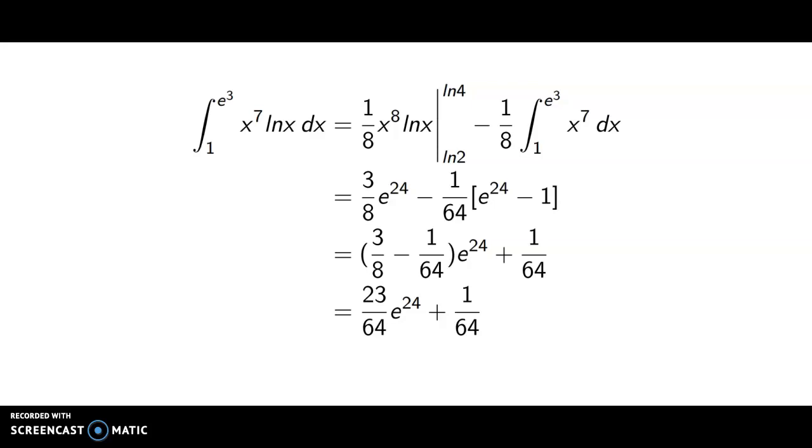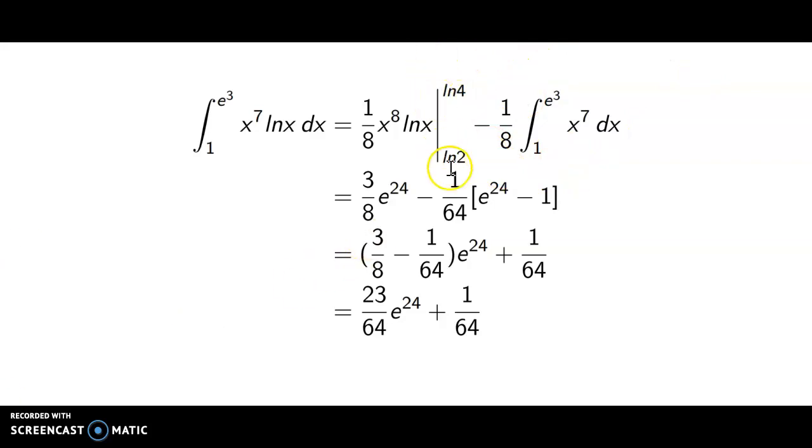And then we can apply the formula, which is u times v, which is 1 over 8 times x to the 8 times ln x from 1 to e to the 3, minus the antiderivative from 1 to e to the 3 of v times u prime, which is 1 over 8 times x to the 8 times 1 over x dx, and we will get this part.